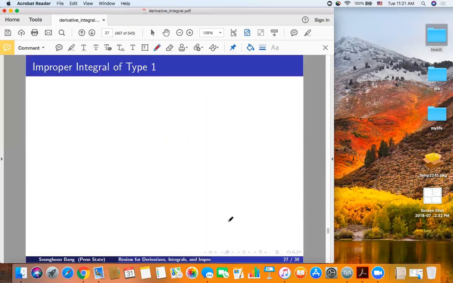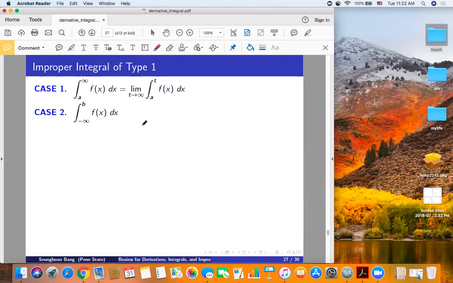The next one. So we think about improper integrals of type 1. Case 1: integral from a to infinity of f of x dx is the limit as t approaches infinity of the integral from a to t of f of x dx. Case 2: integral from minus infinity to b, we can use a similar method.